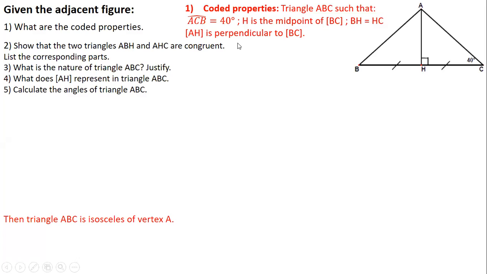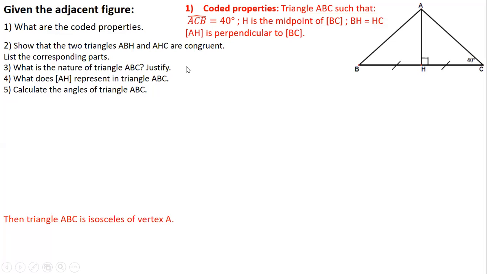Triangle ABC such that, as Ali said, angle ACB or ACH is equal to 40 degrees. H is the midpoint of segment BC, and AH is perpendicular to BC or a height to BC. Do we have any other coded properties? No. So this is what I see in the figure.